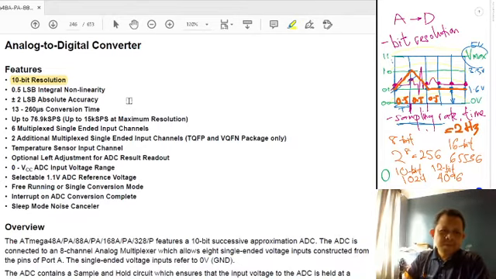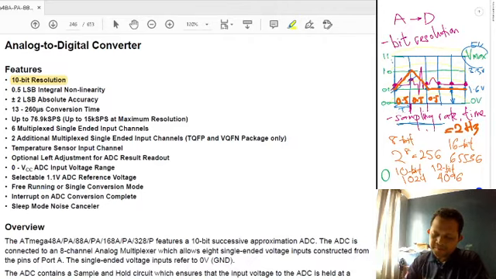So this is the feature of the ADC built inside the ATmega 328. And then we want to look at conversion time. This reflects your sampling rate, the time t over here.